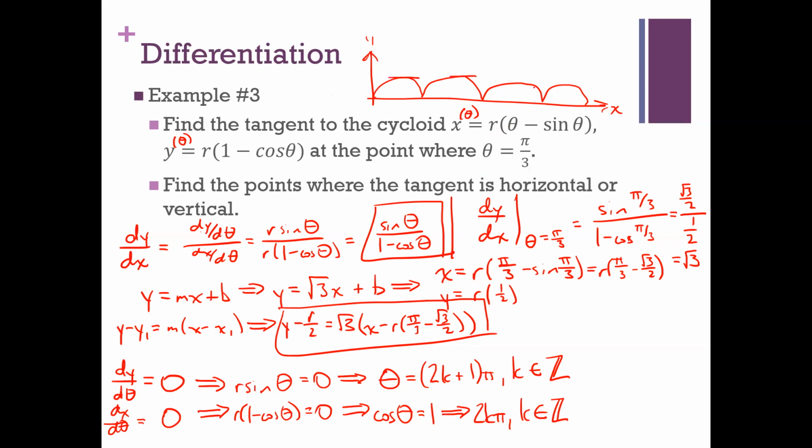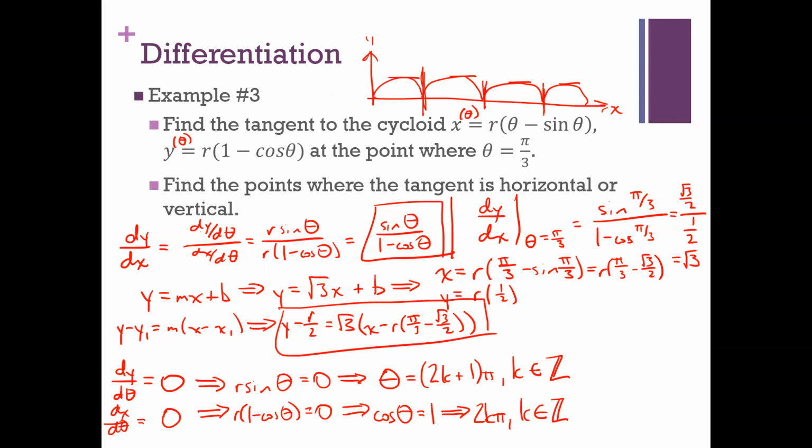And those are going to show up in regular intervals. Where am I going to get the vertical tangents? Like these cusps right here, right? If I were to draw this totally to scale, they alternate, so every pi you'll get one to the other.